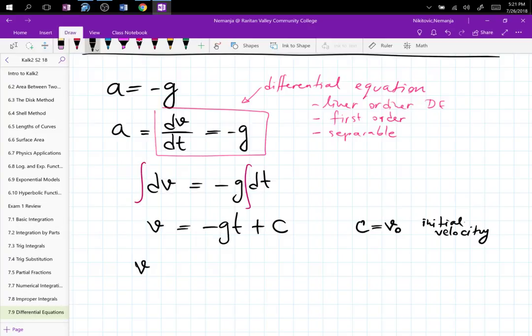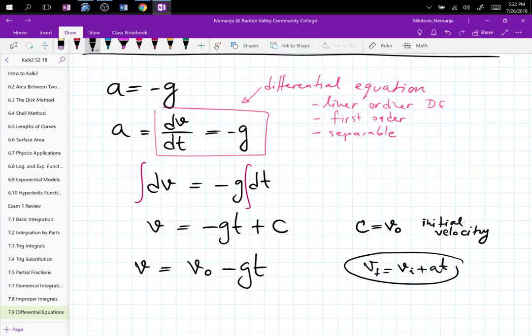Here is what we have. We have that velocity is given as velocity initial minus gt. You have seen this formula in your physics courses. You might know this formula as velocity final is equal to velocity initial plus acceleration times time.